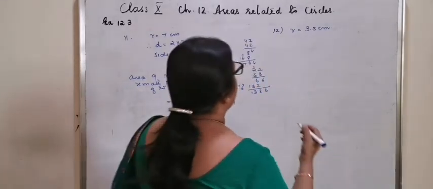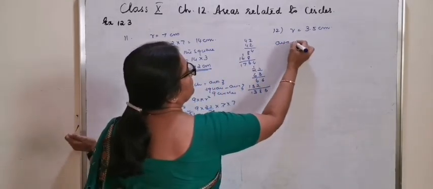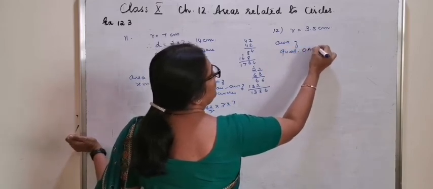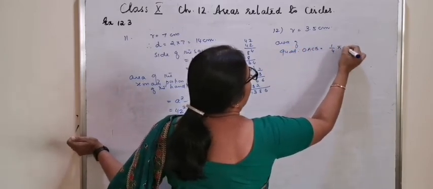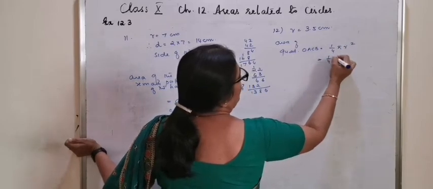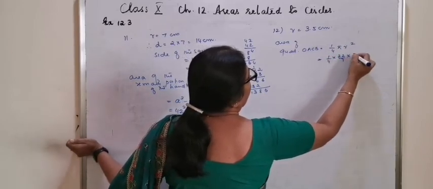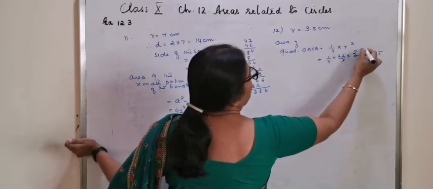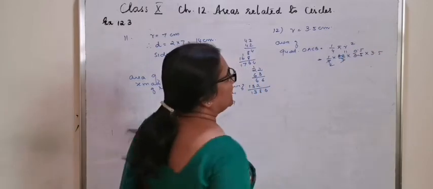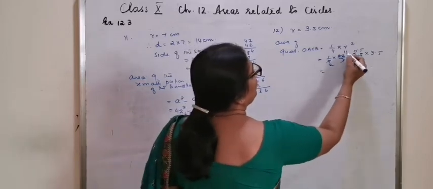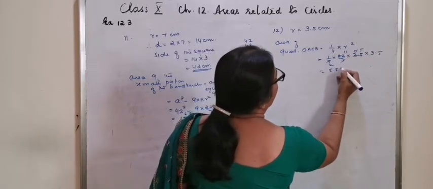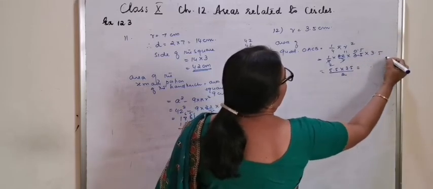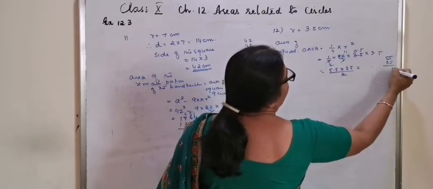So area of quadrant is equal to area of quadrant OACB is equal to 1 by 4 pi r square, 1 by 4, 22 by 7, 3.5 into 3.5. 0.5 by 2 is 11, which is equal to 11 into 5.5 into 3.5 divided by 2. 55 into 35.